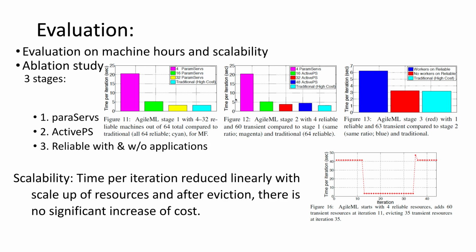Then they fixed four reliable servers and used active PS to help reduce the communication bottleneck. It shows that increasing the active PS reduces the time cost significantly. In the third stage, they test on only one reliable server with all active PS and run the machine learning applications on it. The result shows that the time cost is close to the lower bound, which is the traditional high-cost one.